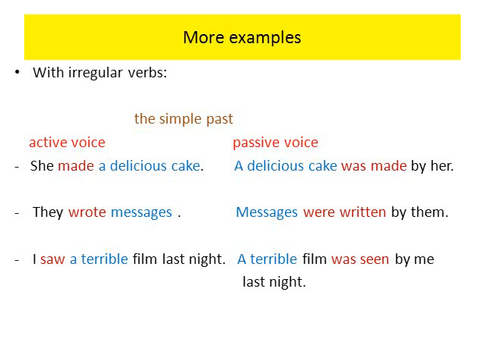So made, wrote, and saw are irregular verbs. In the passive voice, I write was or were plus the past participle of the verbs. Made is the past participle of the verb make. Written is the past participle of the verb write. Seen is the past participle of the verb see.